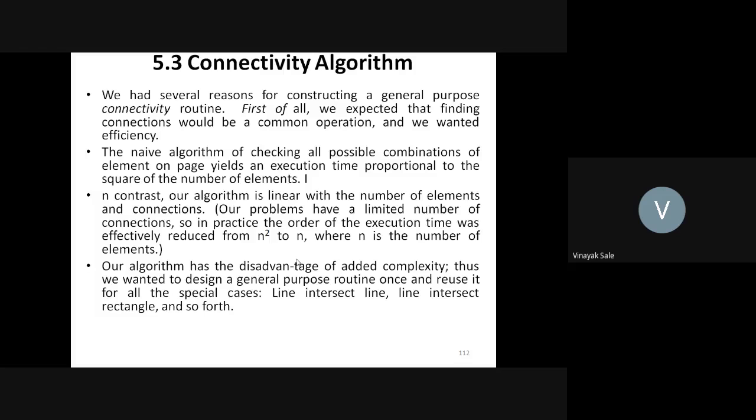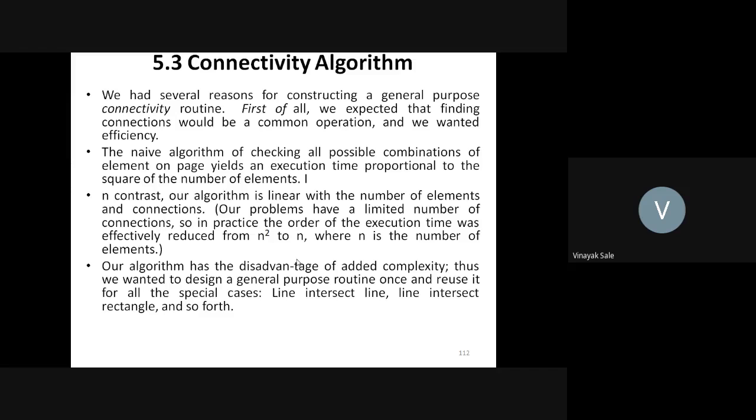The naive algorithm of checking all possible combinations of elements on a page yields an execution time proportional to the square of the number of elements. In contrast, our algorithm is linear with the number of elements and connections. Our problems have a limited number of connections.